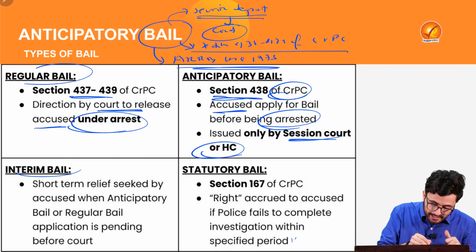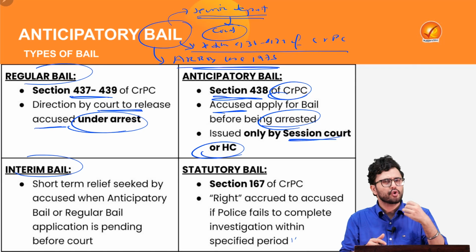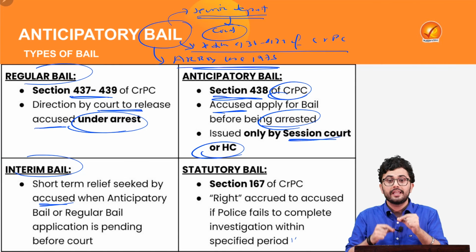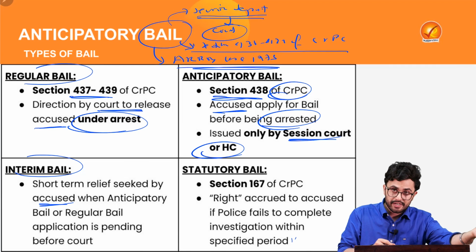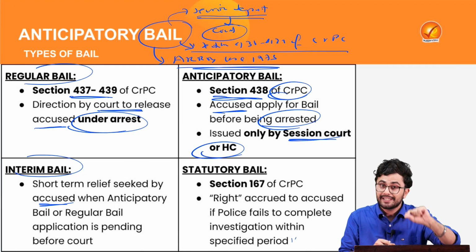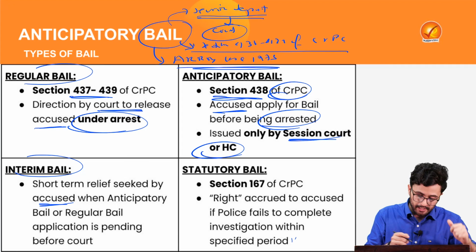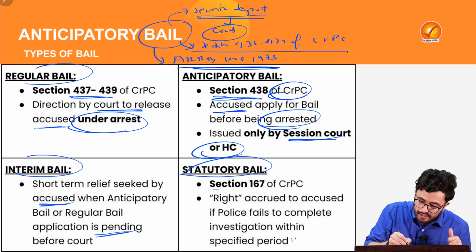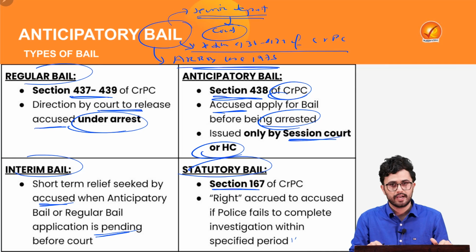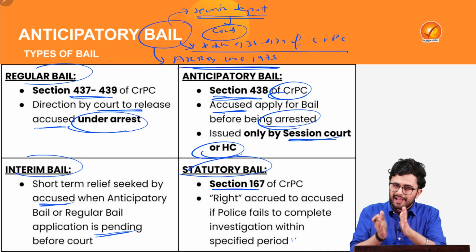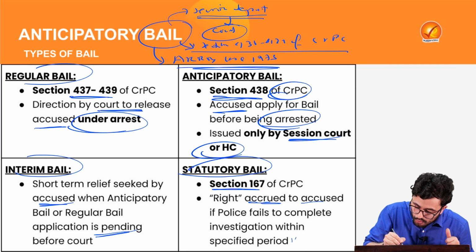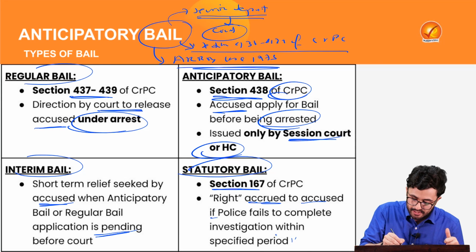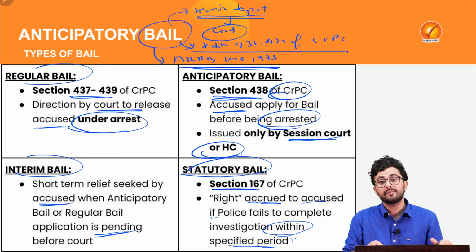Then there is interim bail, a kind of short-term relief sought by the accused when he has already applied for anticipatory bail or regular bail, but such application is pending in the court. Then there is statutory bail under section 167 of CrPC, which is a right accrued to the accused if the police fails to complete the investigation within the specified period.